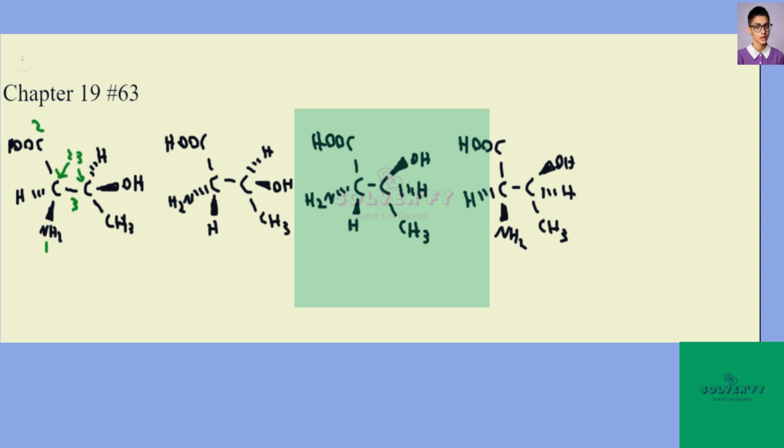Going in order, this is a clockwise rotation, so that's going to be the R configuration. We're looking for 2S, so we want the opposite configuration. That narrows it down potentially to two molecules, so 1 and 4 here are out. Now we need to look at carbon number 3, and we want the R configuration there.